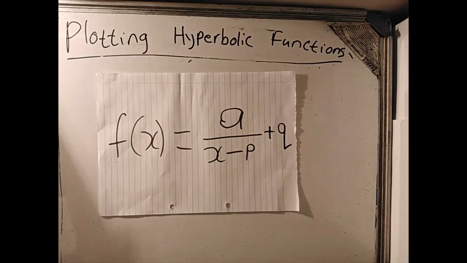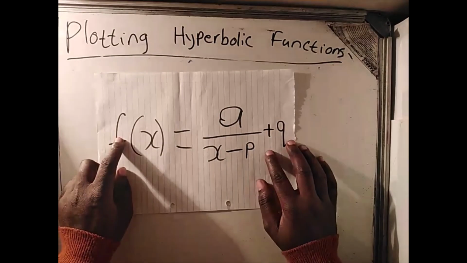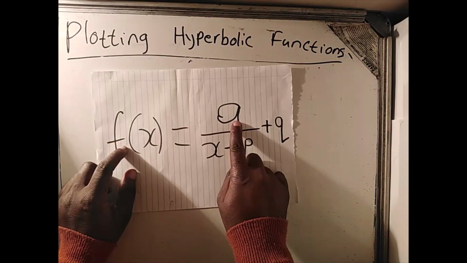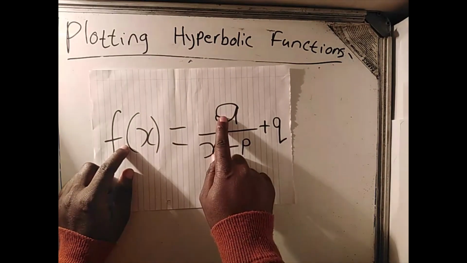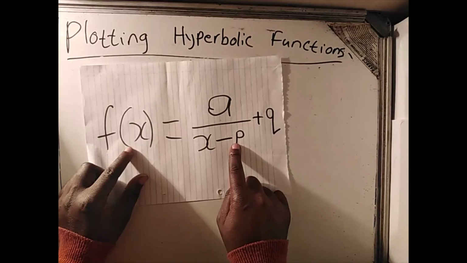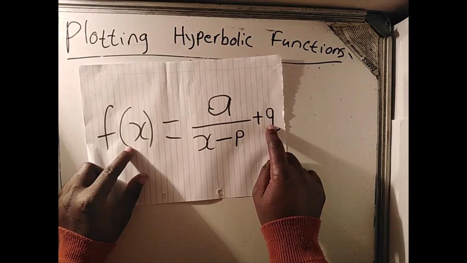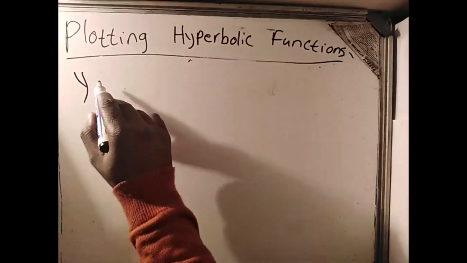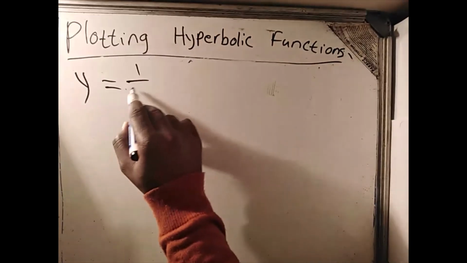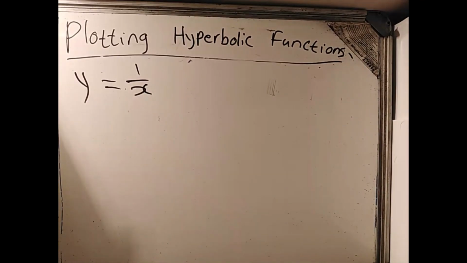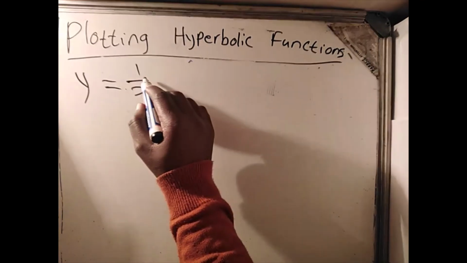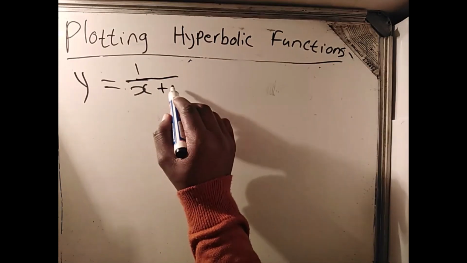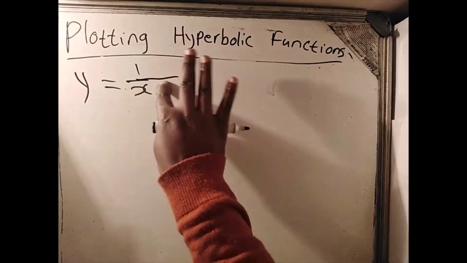And then lastly, as we are closing shop, guys, this function is like this. This a will never be 0, but this one can be 0 and this one can be 0 as well. For example, if you have y equal to 1 over x, basically this is 1 over x plus 0 or minus 0, doesn't matter.